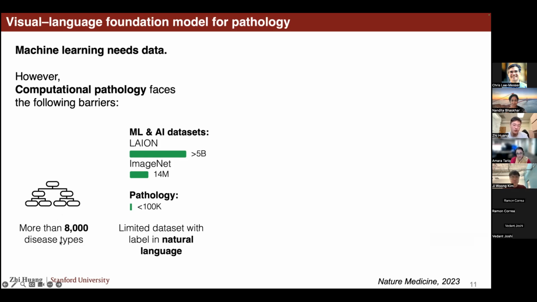First of all, there are more than 8,000 disease types and even more learning tasks, but compared to other machine learning datasets, which typically have millions or even billions of data, such as LAION, which has over 5 billion image and text pairs, or ImageNet, which has 14 million images with careful labels, there are really few annotated pathology image datasets, especially with natural language description. This really impedes the advancement of AI in pathology.